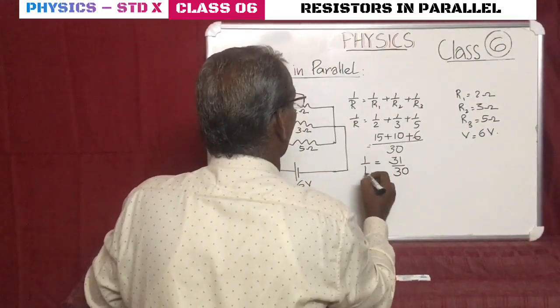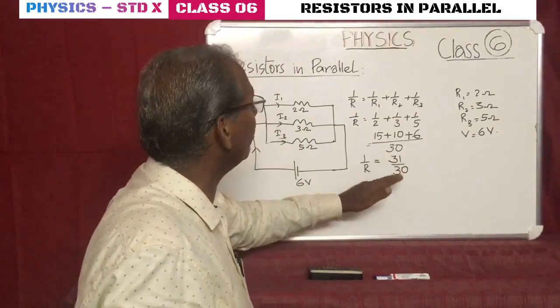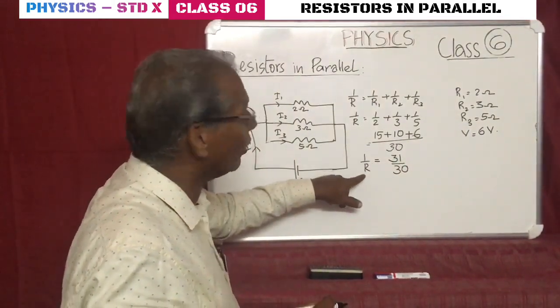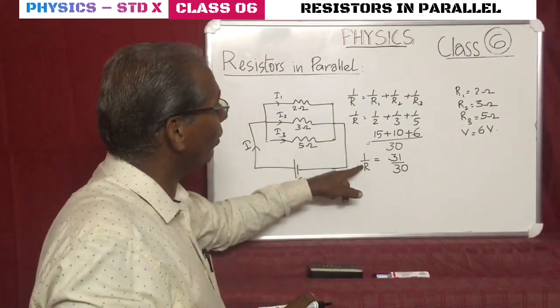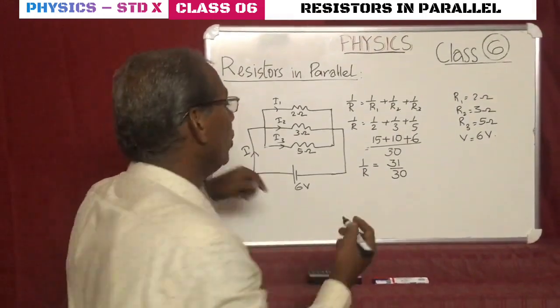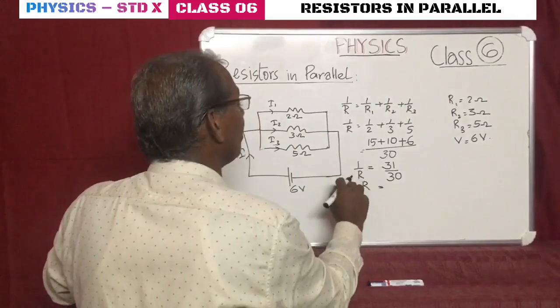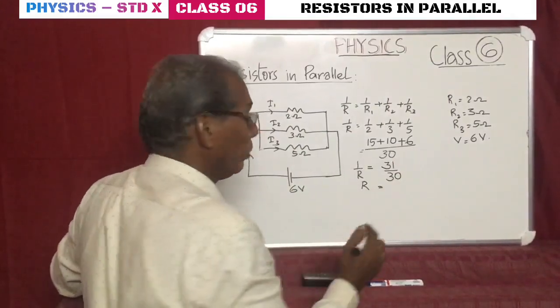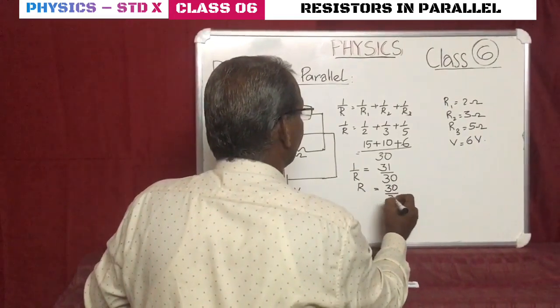This is 1 by R. Don't simplify at this stage, because we have to get R from 1 by R. So this is a fraction, this is also a fraction. The reciprocal of 1 by R will give you R. So R by 1, that is R, is equal to, taking the reciprocal here also, 30 by 31.